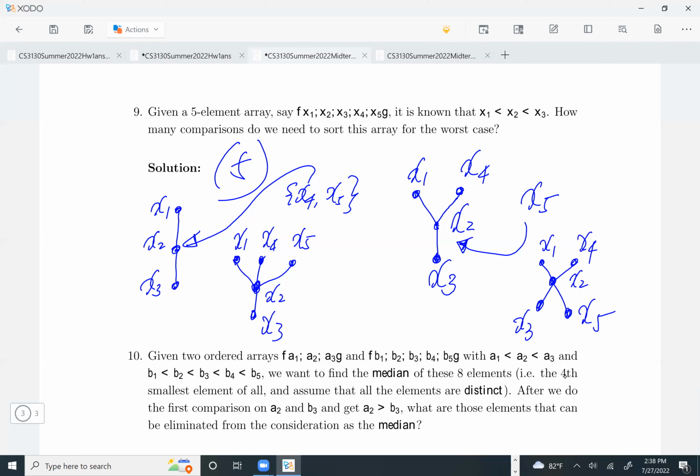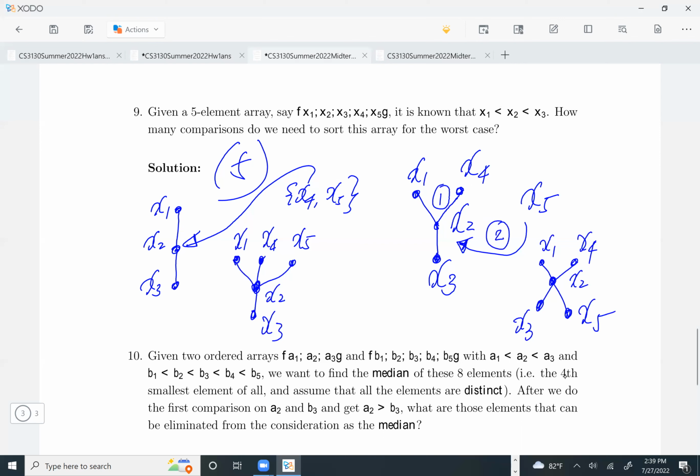Remember, we did 2 comparisons to get these 2 cases. So let me mark comparison 1, comparison 2.